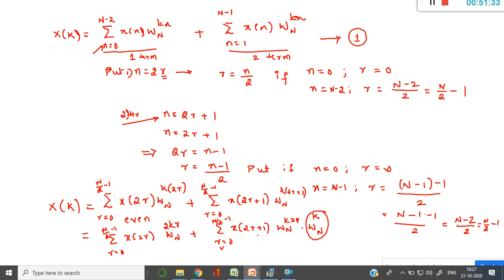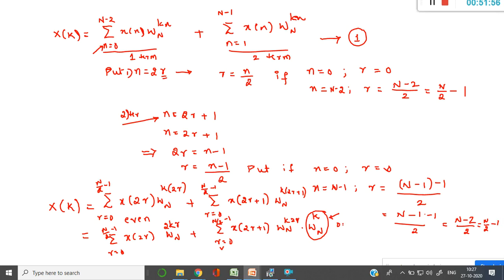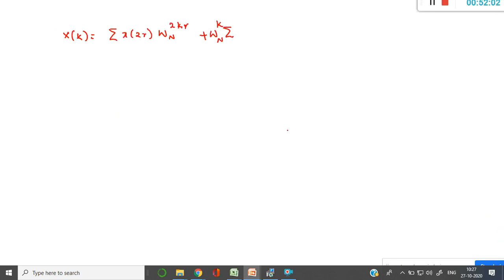So let me take it outside and rewrite it as x of k equal to the summation of x of 2r W_N^{2kr} plus W_N^k, which I take outside the summation because it is totally independent of r, times the summation ranging from r equal to 0 to n by 2 minus 1 of x of 2r plus 1 W_N^{2kr}.